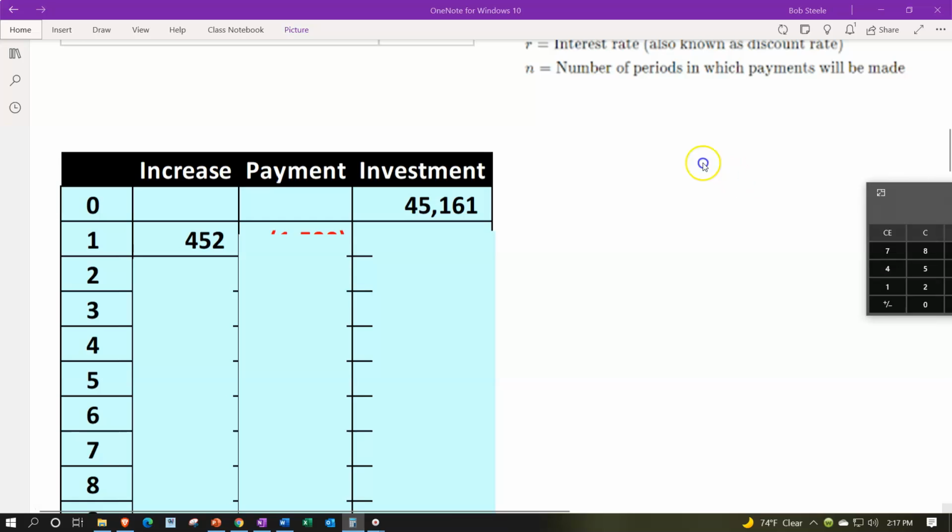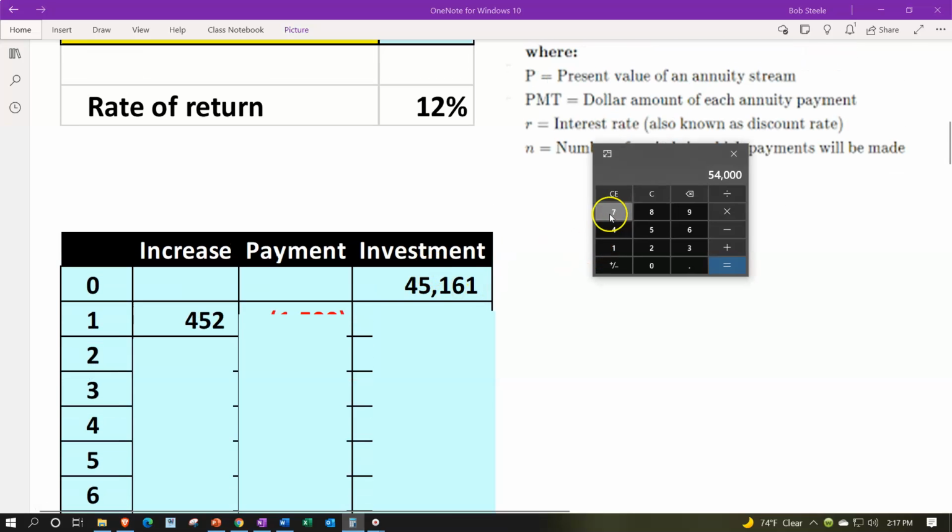We would take the 45,000 times the rate, which was 12% a year, so 45,161 about times 0.12, which is the yearly rate, would give us the yearly interest, or whatever the increase was, depending on the type of investment, divided by 12, would give us the 452, which can also be calculated as the 12%, 0.12, divided by 12, the monthly percent, or 1%, times the 45,161, gives us that 452 again.